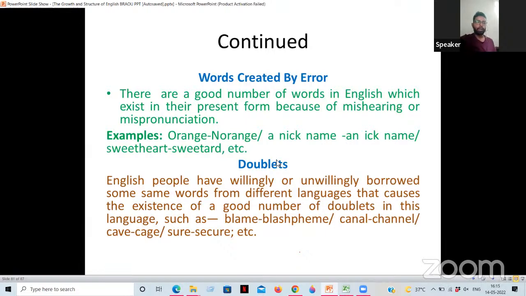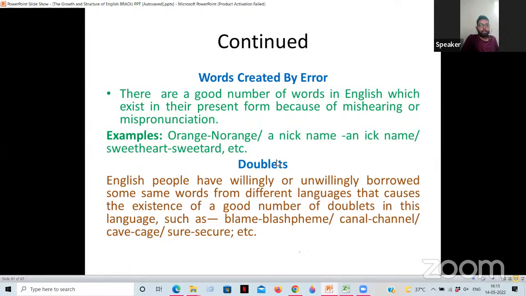Then we have doublets. Now, what are doublets? When the English people went to a particular colony, they ruled them and borrowed some words from them. They not only borrowed from one particular language, but they borrowed from other languages as well. And this is how, as for example, see here, blasphemy.